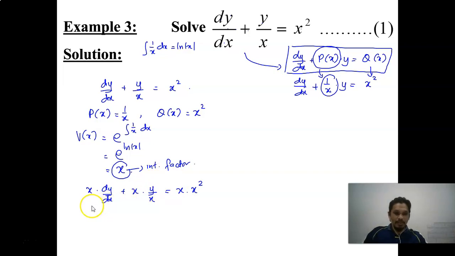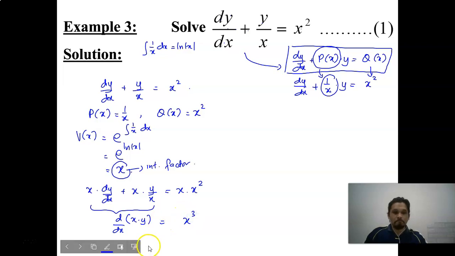Okay, so here we can simplify this as d/dx of xy equal to x cubed. This one we can simplify in this form, the derivative of x times y with respect to x.